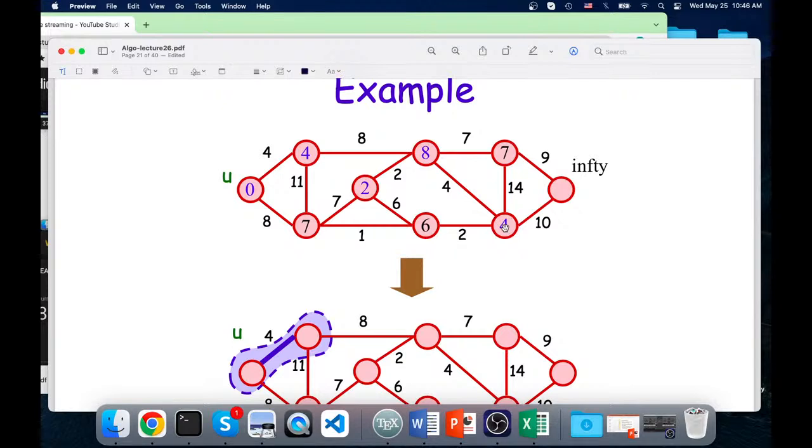And then because we are including this, we can look at all the edges connecting to it and then do some updating. So in that case, this one will be updated as 10. And then this one will now be updated as 2. And then we do not update the blue node. Okay, so it's blue already, so we do not update.